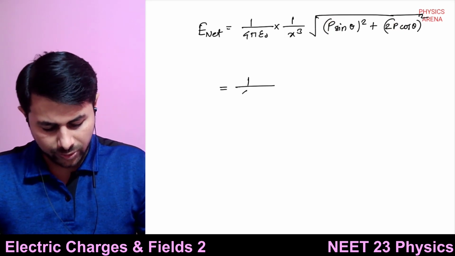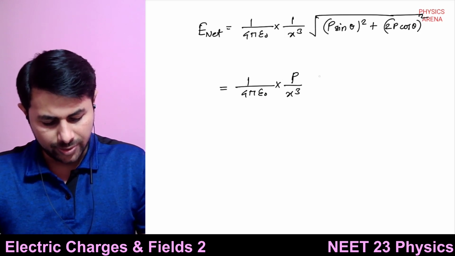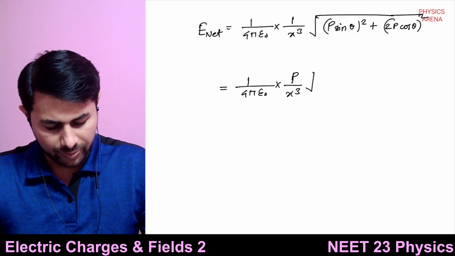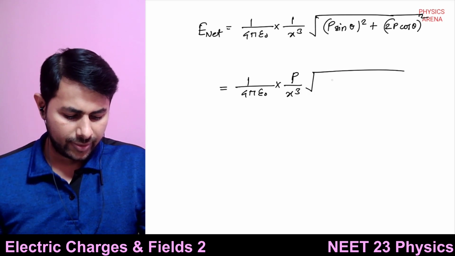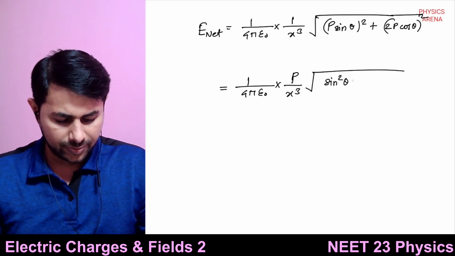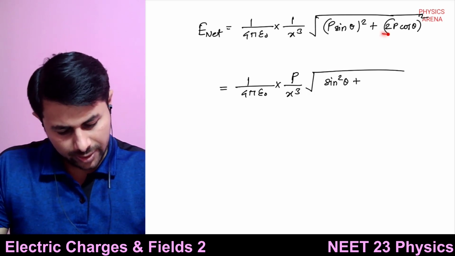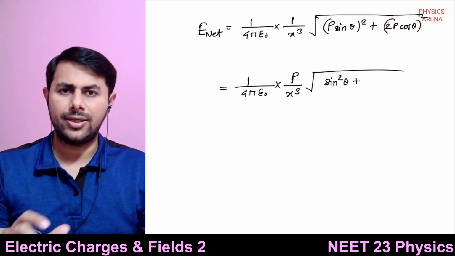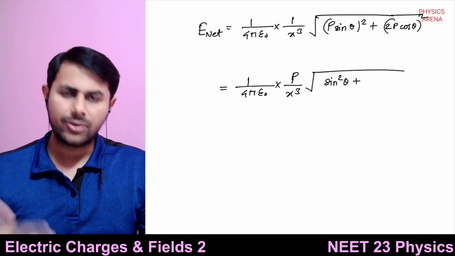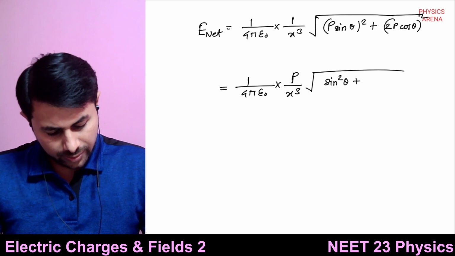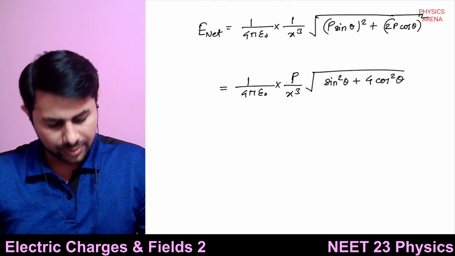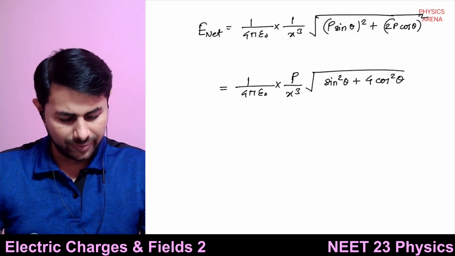So it is 1 upon 4 pi epsilon naught multiplied by P upon x cube. Then we are left with square root of sine square theta plus here it will be 2 cos theta square. It is 4 cos square theta. Okay.